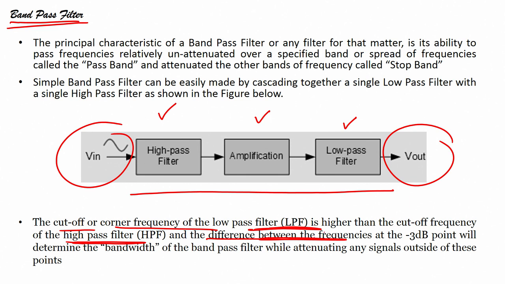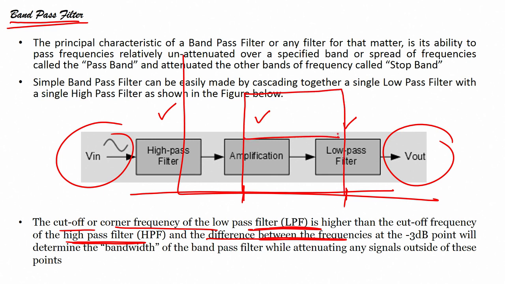If I draw the cutoff frequency of the low pass filter and the cutoff frequency of the high pass filter, the difference between them is the band which will be allowed to pass. This is the pass band, and these regions on either side are the stop bands.